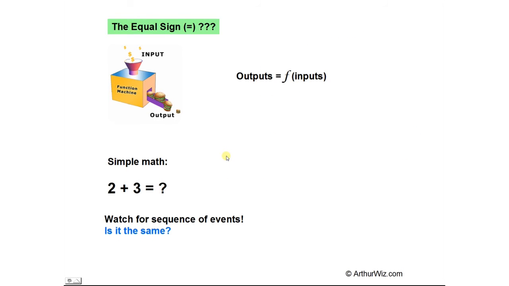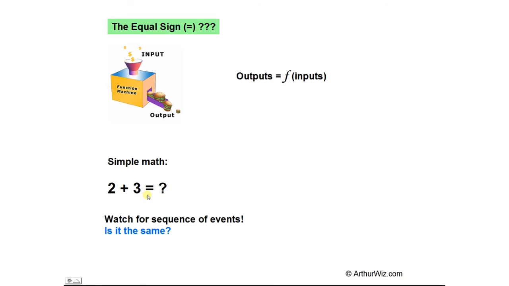And let's look at it closely with the equal sign. Does it mean the same as in math? Let's look at it. In the functions, we have inputs, and then the output will be the results. And in a simple math question, 2 plus 3 equals something.